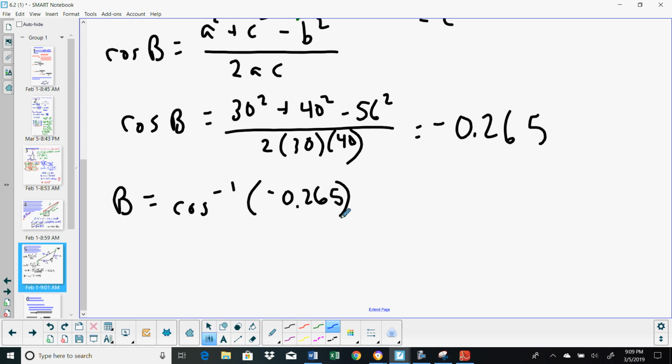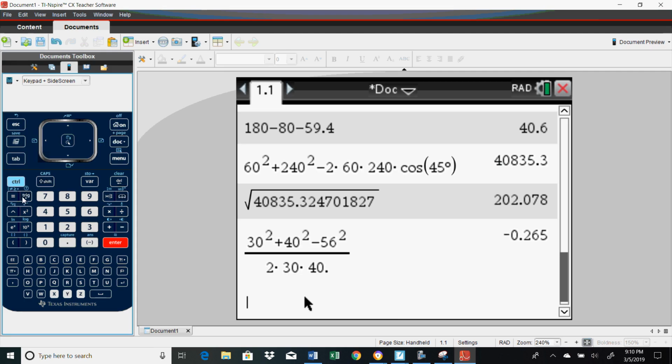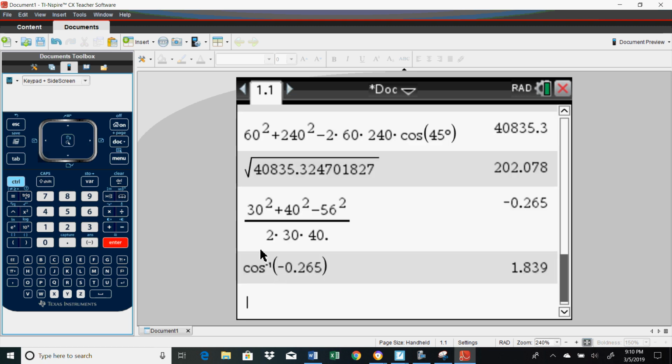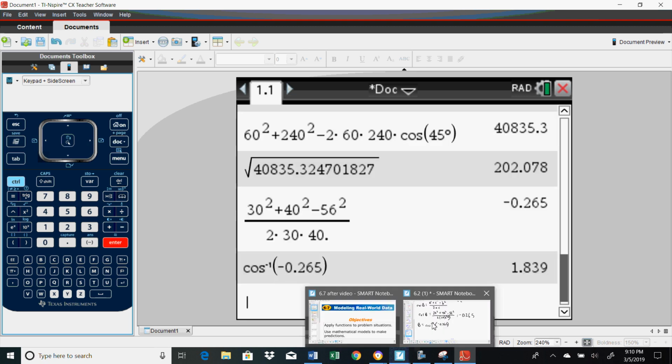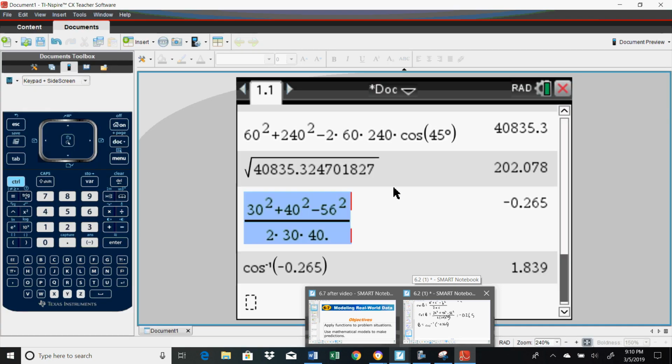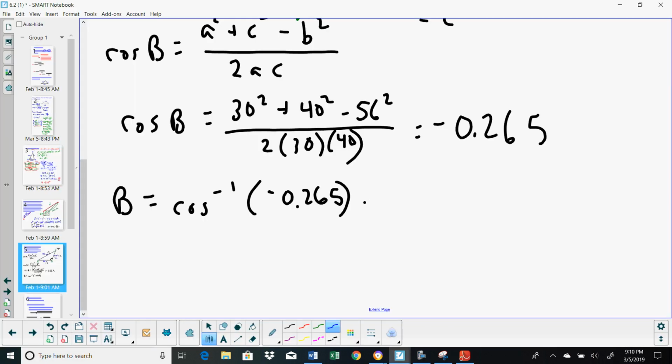When we do that on our calculator, cosine inverse of that last answer, that's going to give me 1.839. That's my angle B, but that's in radians.